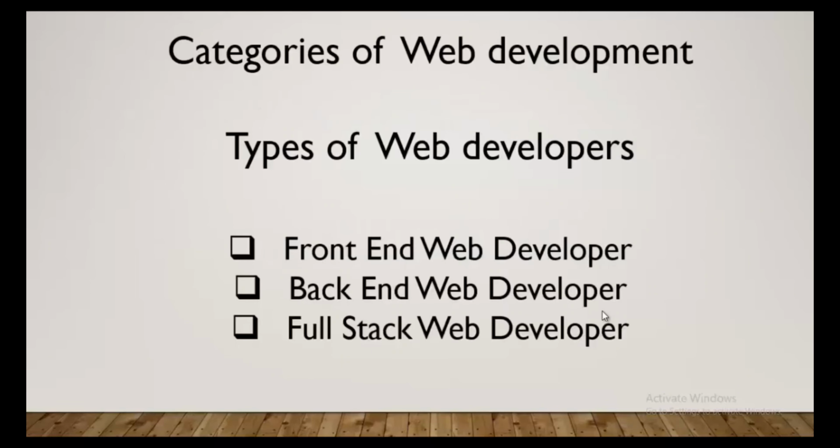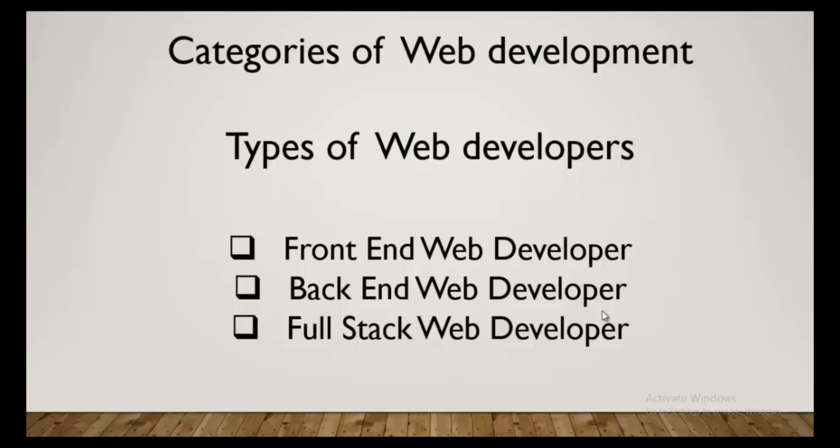Categories of web development, like I said before, are front-end web development and back-end web development. And the types of web developers: we have the front-end web developer, the back-end web developer, and the full-stack web developer. Front-end developers implement web pages using HTML, CSS, and JavaScript, like I mentioned. They make sure the website looks good and has a good layout on different devices.